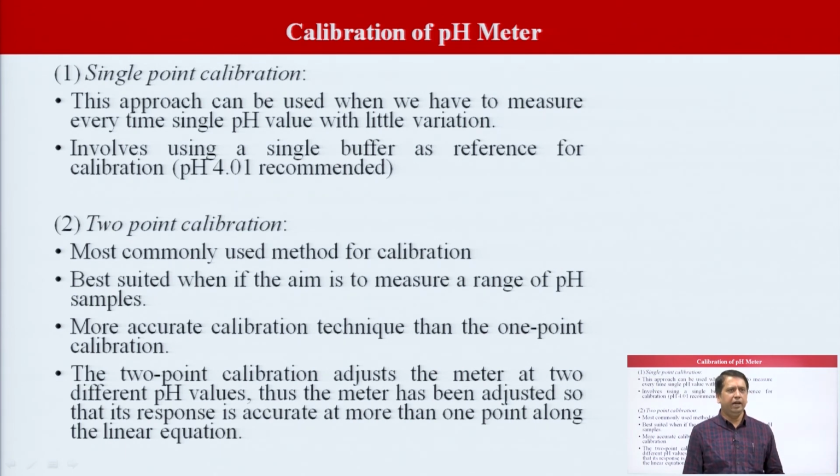It is a more accurate calibration technique than the 1-point calibration. The 2-point calibration adjusts the meter at 2 different pH values, and thus the meter is adjusted so that its response is accurate at more than 1 point along the linear equation.